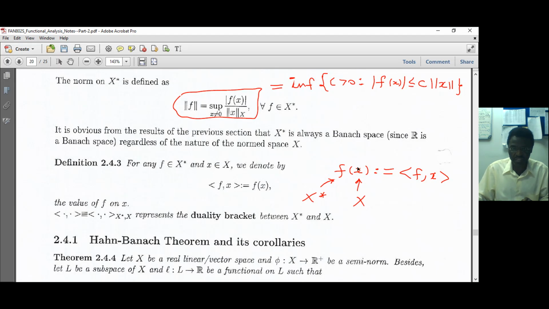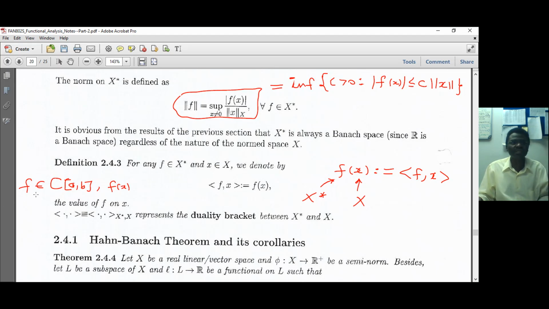So instead of writing f of x, we will be using the duality bracket to indicate that f is in the dual of X. Of course, if I have a continuous function f, for instance, we have no problem writing f of x, because f is a continuous function on the interval AB.